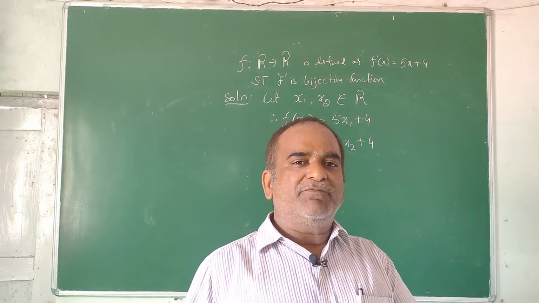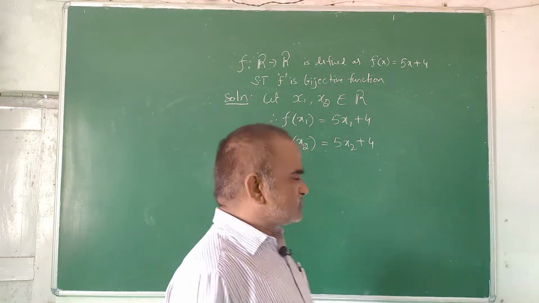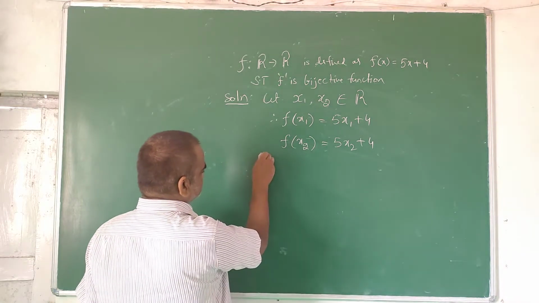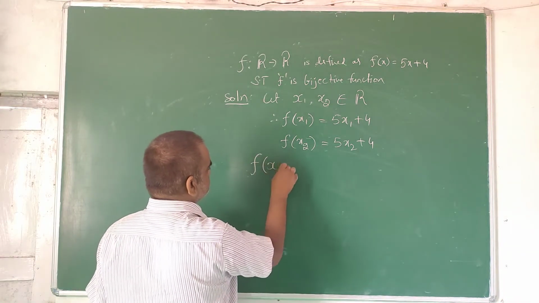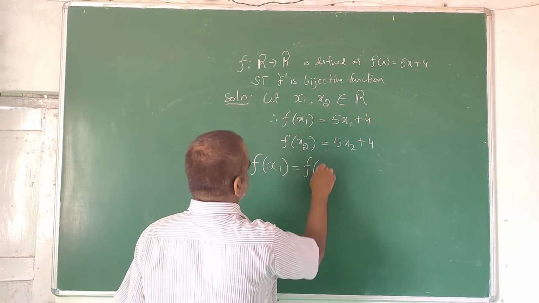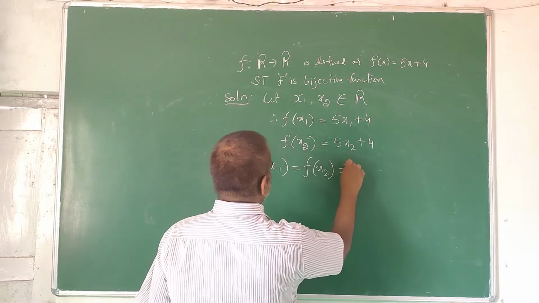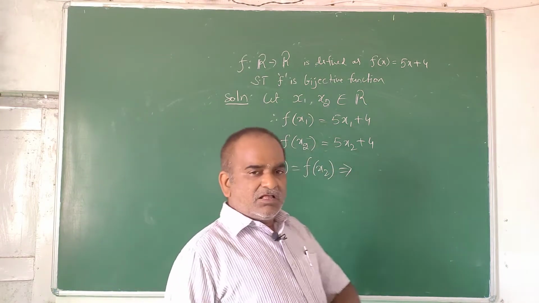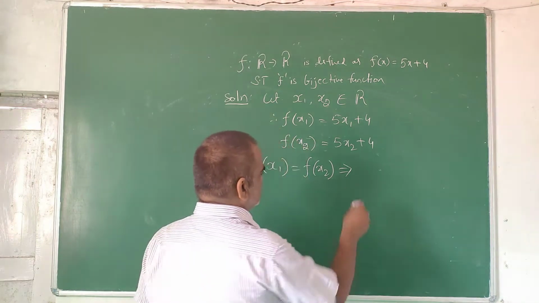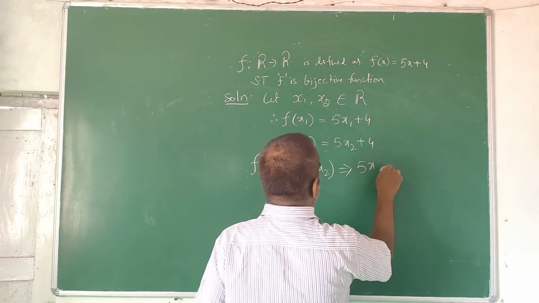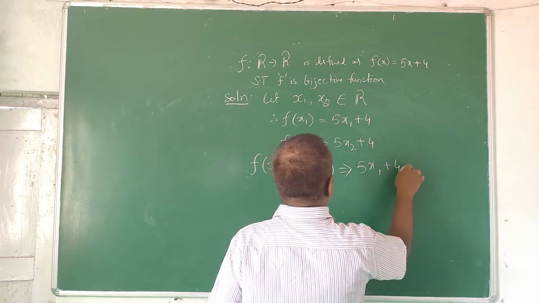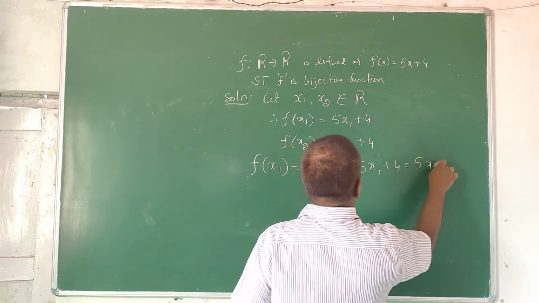Now consider f of x1 is equal to f of x2. So this implies 5x1 plus 4 is equal to 5x2 plus 4.